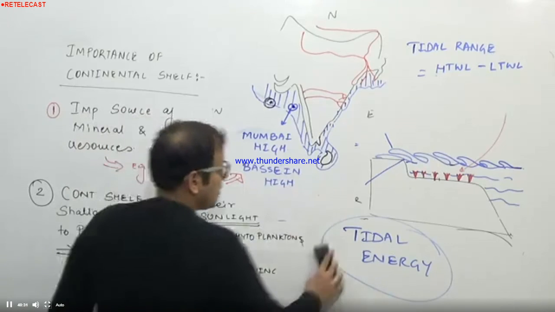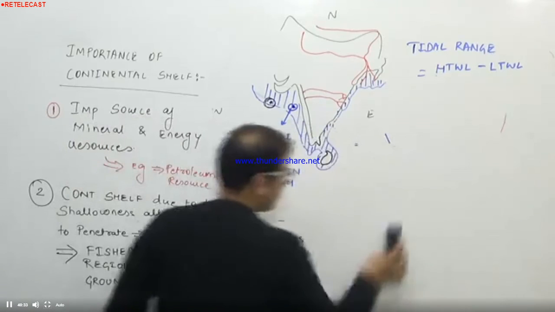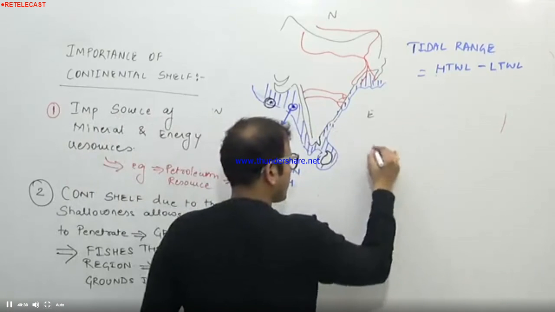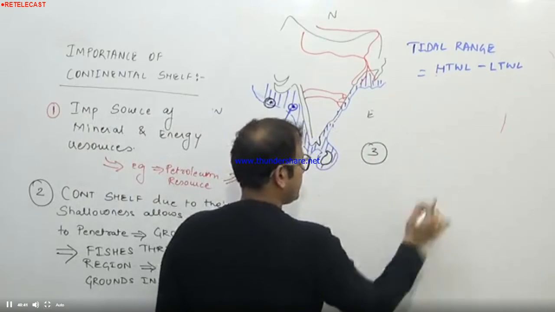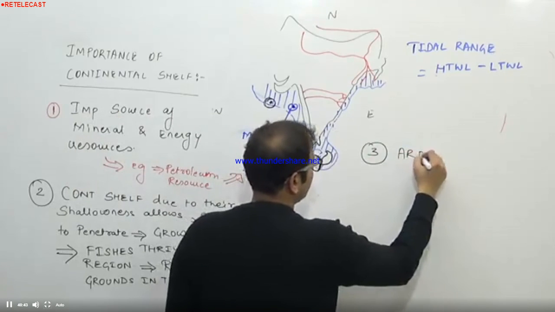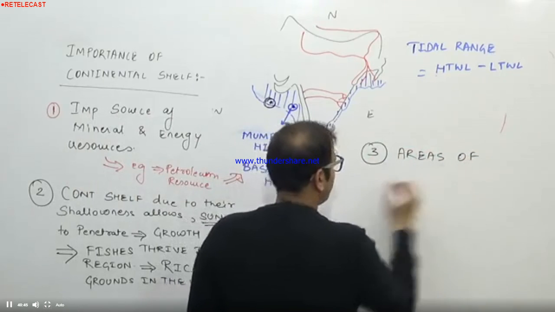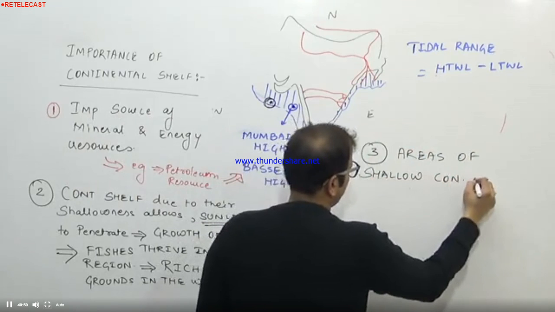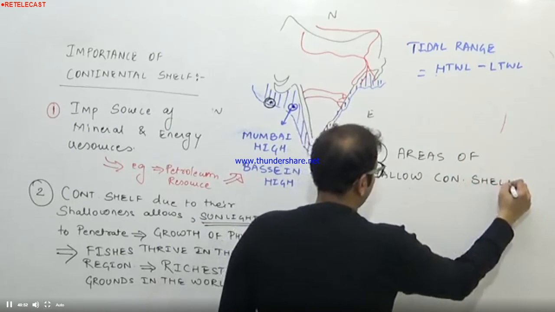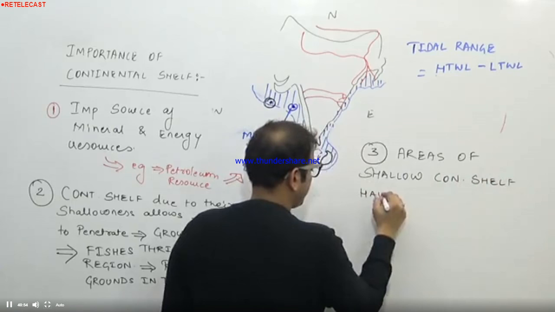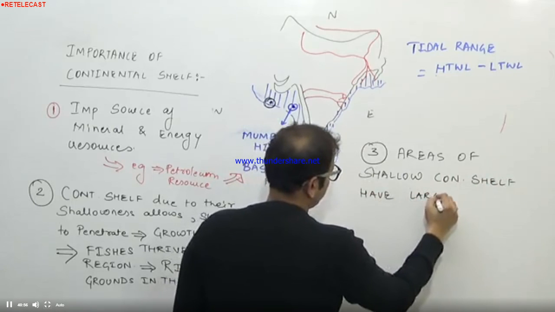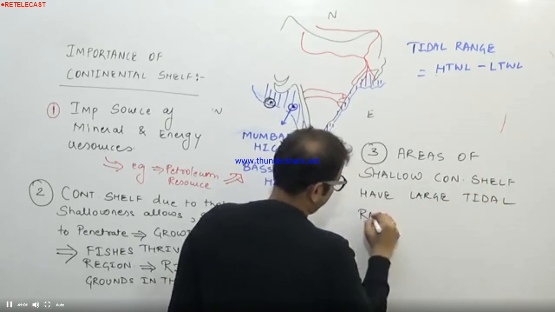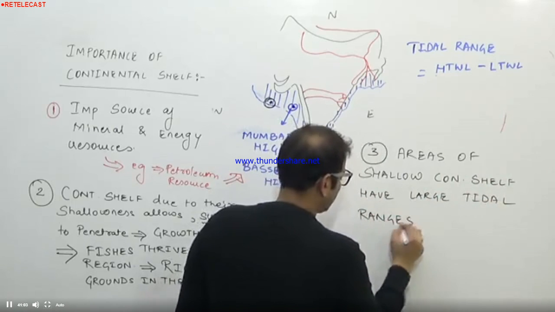So, the areas of shallow continental shelf have large tidal ranges.